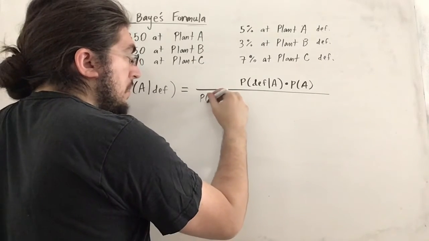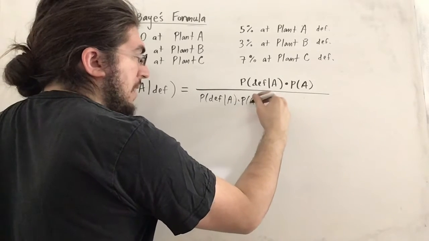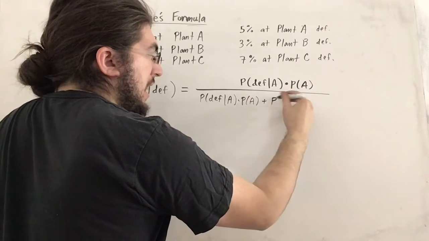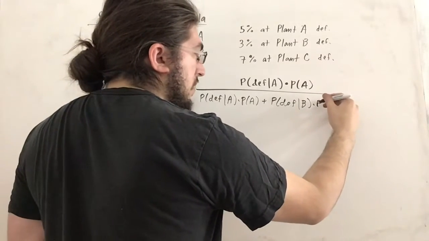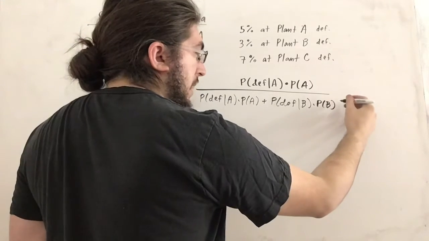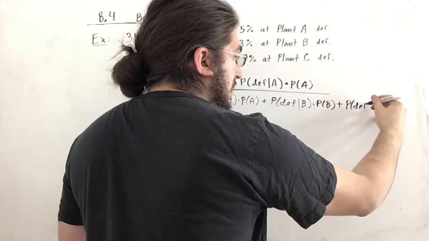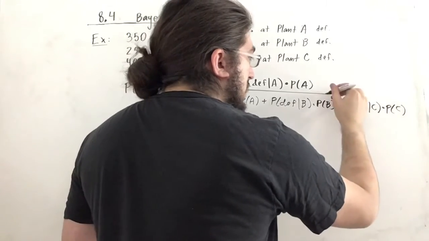So it's going to be the probability that it's defective given that it's in A, multiplied by the probability of A, added to the probability that it's defective given that it was in B, multiplied by the probability of the refrigerator being from plant B, and then the same thing for C. So probability defective given that it was in C, multiplied by the probability of it being from C.